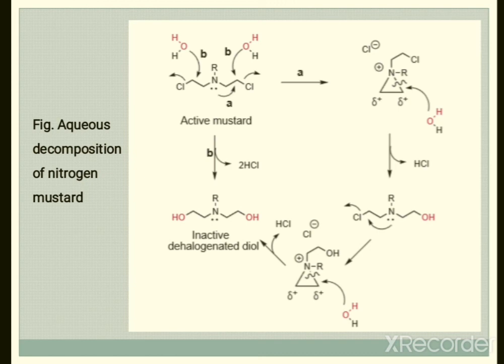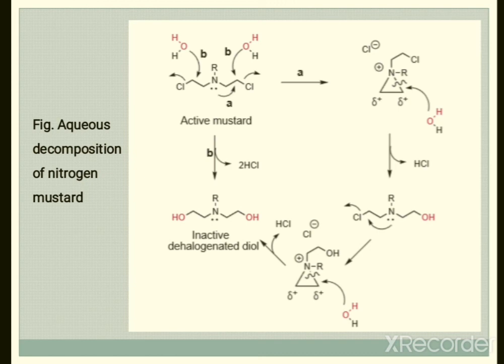This is pathway B: the oxygen of the water molecule attacks, chlorine is removed, two HCl molecules are lost, and the inactive dehalogenated diol forms.